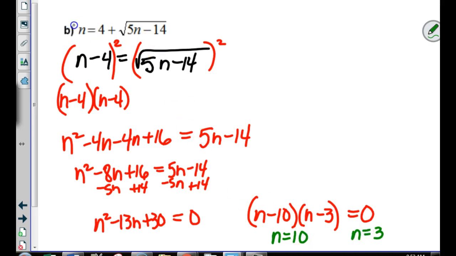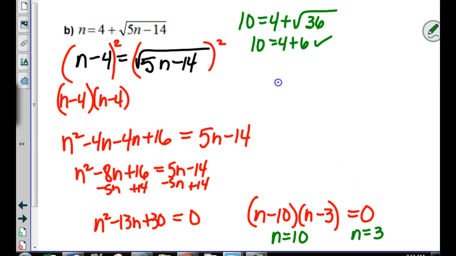Now I have to check in the very first one up here. So if I put in a 10, it'll say, what's 50 minus 14, guys? Does that work? Square root of 36 is 6 plus 4 is 10. Okay. If I put in a 3, it'll say 3 equals 4 plus, I can tell you right now it's not going to work.